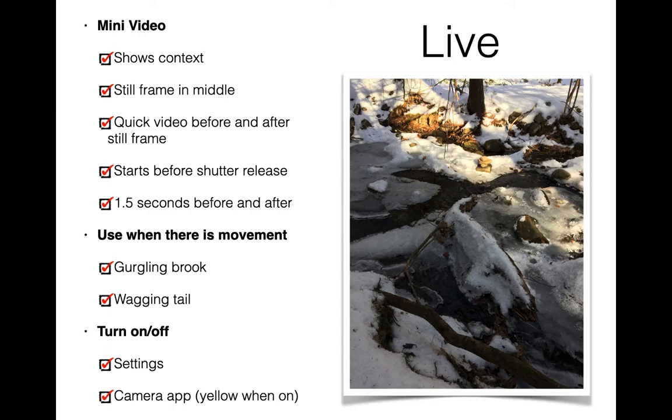The way it works is, when you take a picture, there's a still frame, and it's in the middle. On either side of it is a 1.5 second video. So if you've opened a picture in your photos and you see a movement and you go, oh, what was that? It's because you had it on live.